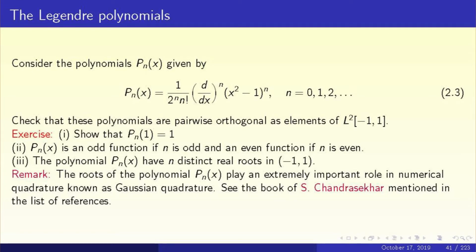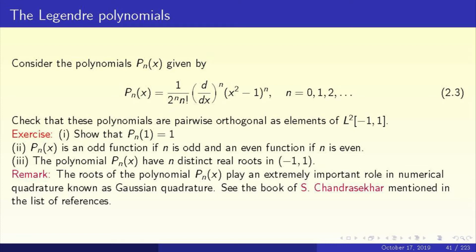Here are again some elementary exercises. Show that Pn(1) is 1. Next, Pn(x) is an odd function if n is odd, and it is an even function if n is even. And the last part is to show that this polynomial Pn(x) has n distinct real roots in the open interval minus 1, 1. These polynomials are extremely important in analysis, and they are called the Legendre polynomials.